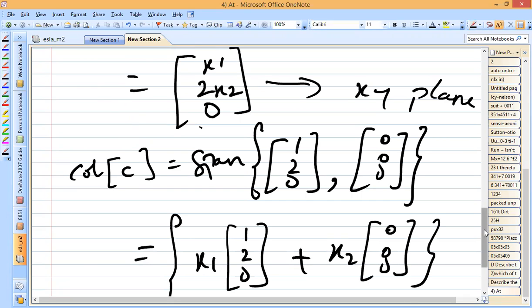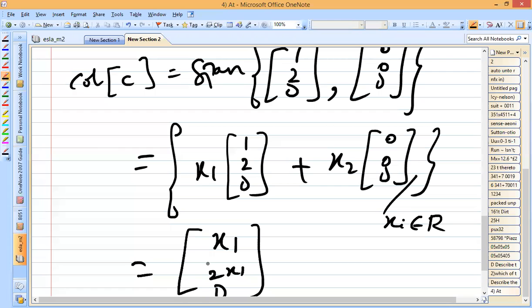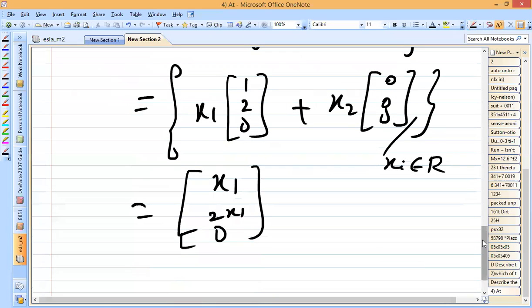Now what do you get? Where xi belongs to R, that you need to mention for each and every step. So here we will be getting x1 and 2x1, and the third element is 0, right? So x1 plus 0 is x1 itself, 2x1 plus 0 is 2x1, and 0.